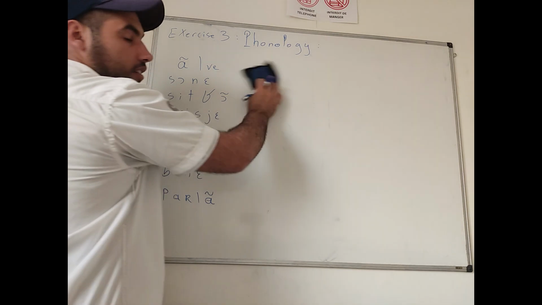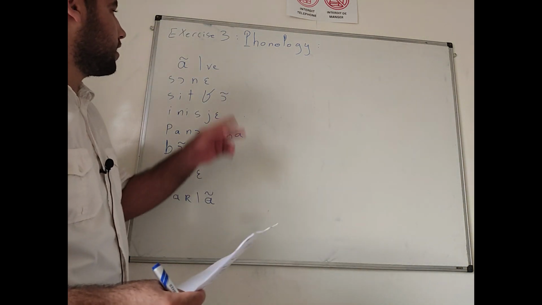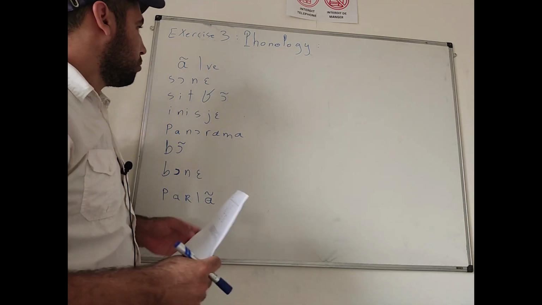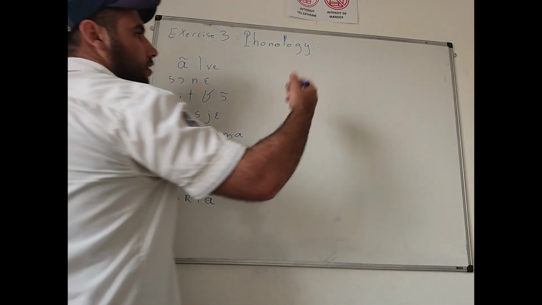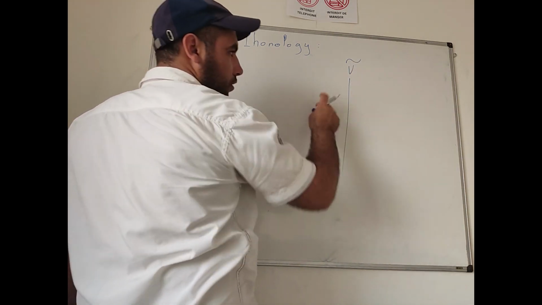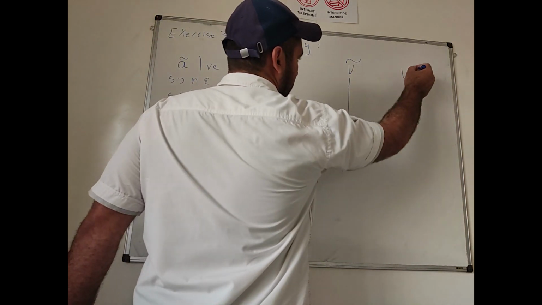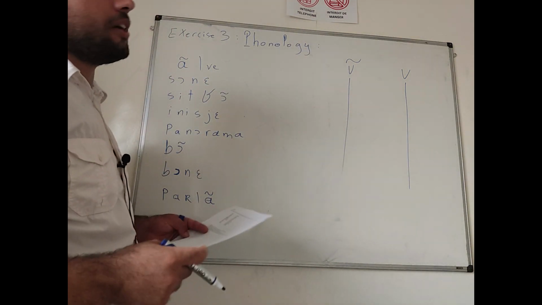To identify the environment where nasal and non-nasal vowels occur, we should make a list on our draft sheet. We say where a vowel that is nasal occurs, before and after, and where a vowel that is not nasalized occurs. This is how we are going to proceed.